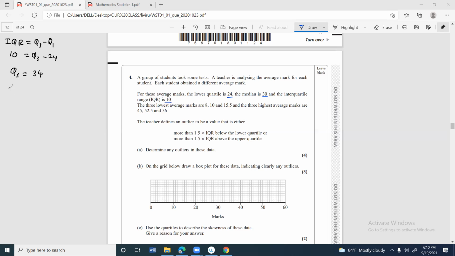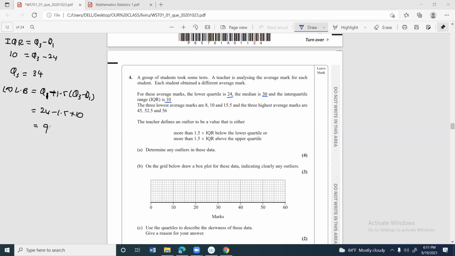Initially, the lower boundary is Q1 minus 1.5 times (Q3 minus Q1), or IQR. Q1 is 24, minus 1.5 times 10, which is 24 minus 15, giving 9.